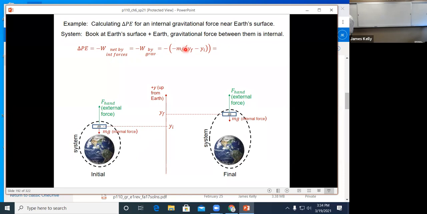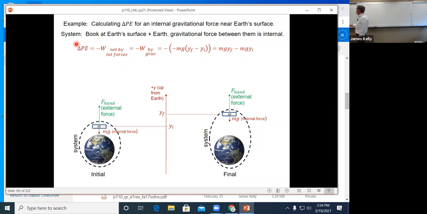It's negative, the magnitude of the force is mg, and the distance it got displaced through is y final minus y initial. So let's cancel that double negative and distribute everything out. That says the change in potential energy is equal to mg y final minus mg y initial.